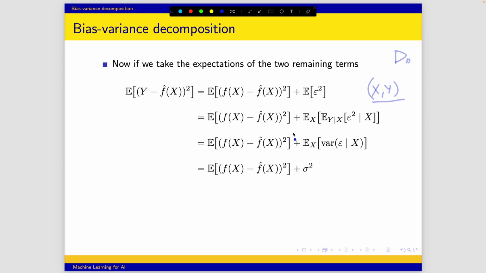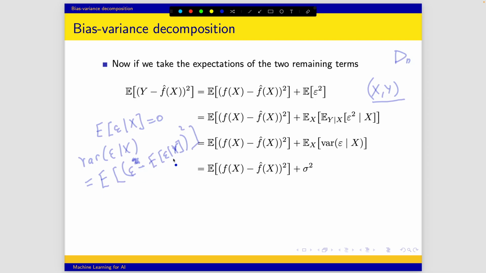Now, what is this? Well, let's think about this. The expected value of epsilon given x is 0, right? So what would be the variance of epsilon given x? That would be the expected value of epsilon minus the expected value of epsilon given x, all squared.